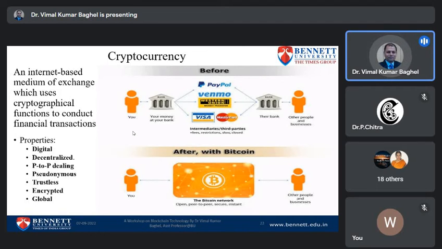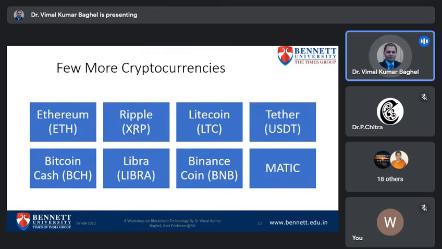You don't know with whom you are doing the transaction. Maybe you're transacting with your neighbor in India, or with someone sitting in the US or some other country, but you don't know where the person is sitting. So crypto trading is global in nature. There are some more cryptocurrencies other than Bitcoin.